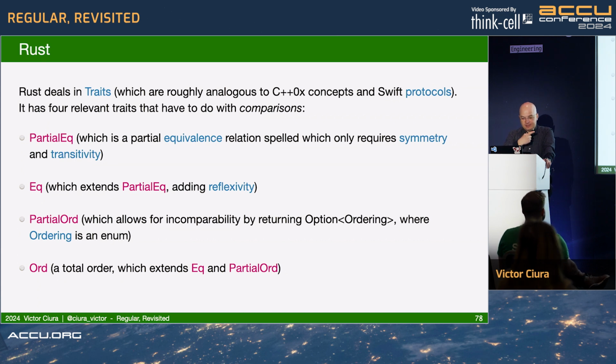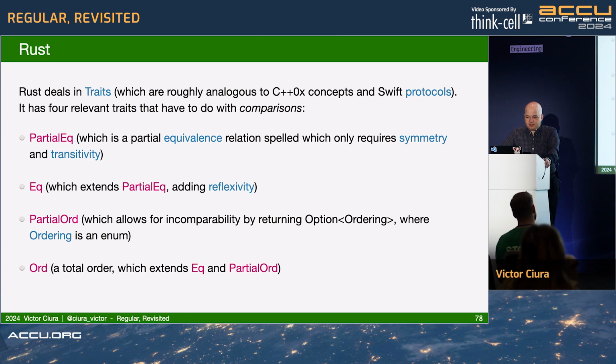But when thinking about these kinds of things, about equality, about ordering, they all think about these ideas. There might be slight differences. For example, I mentioned default constructor. Swift doesn't have any requirement of default construction because of guaranteed initialization, and they don't really have the concept of constructors.